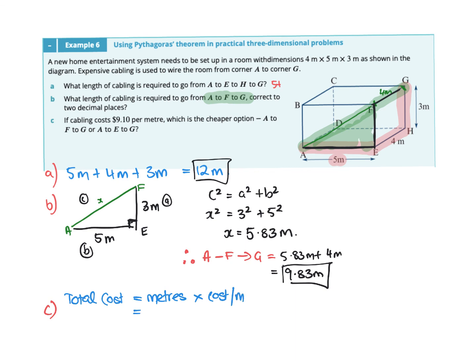So we could have 12 metres times $9.10, which would equal $109.20, or we could have had 9.83 times the $9.10, which would have been $89.45. So which option is cheaper? You're going to say the cheaper is the A to F to G.